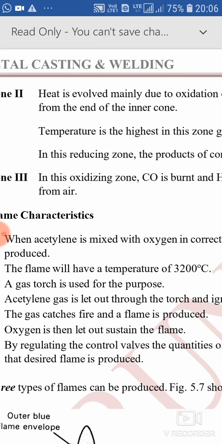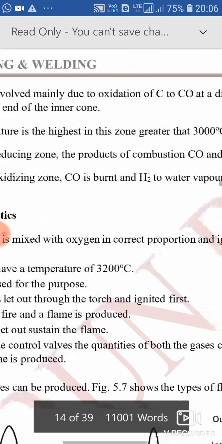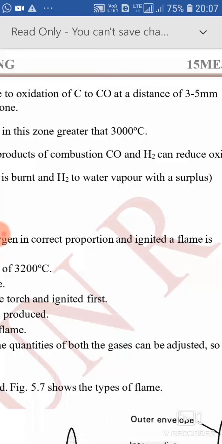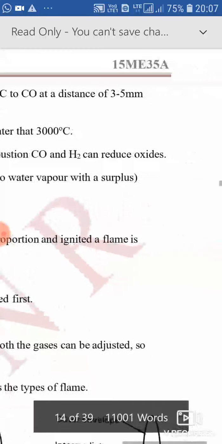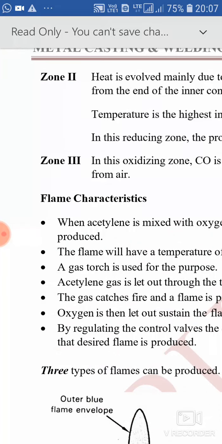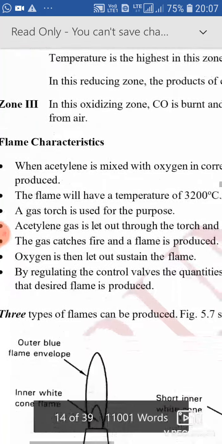Zone 3. In the oxidizing zone, CO is burnt and H2 is also burnt to form water vapor with surplus oxygen from air. Flame characteristics.